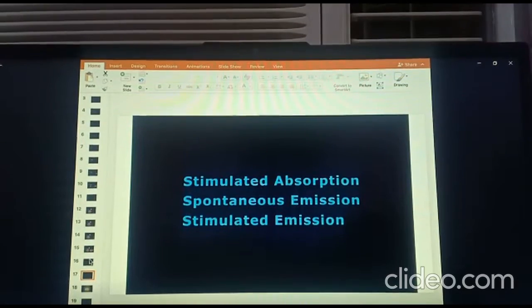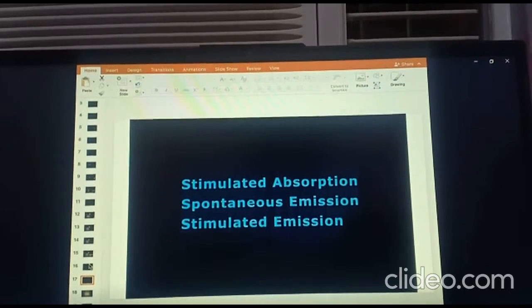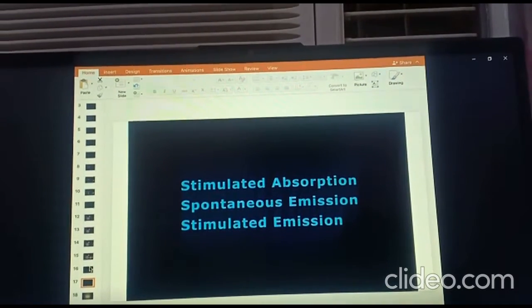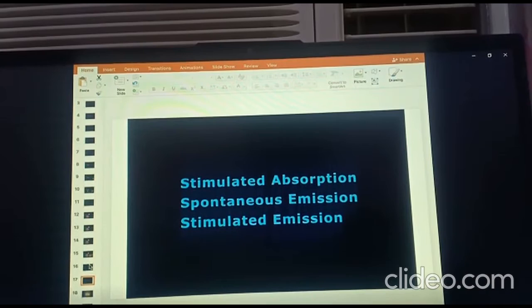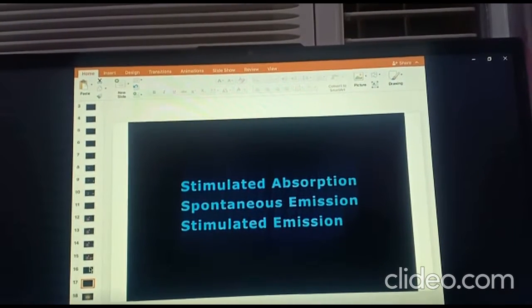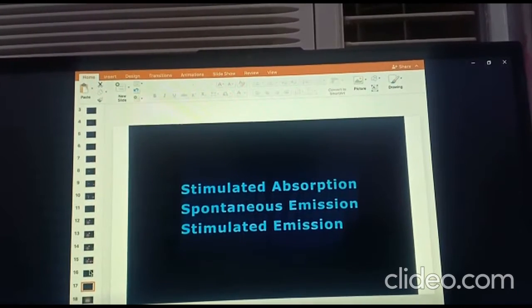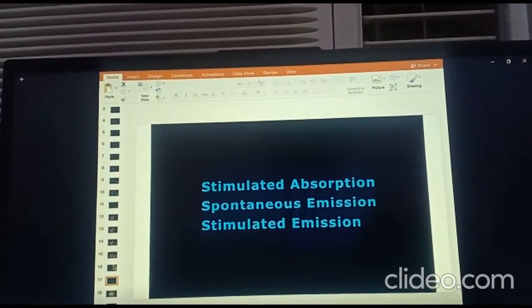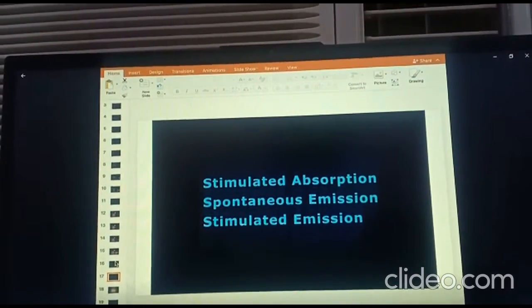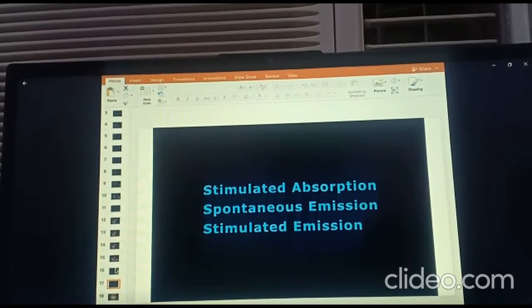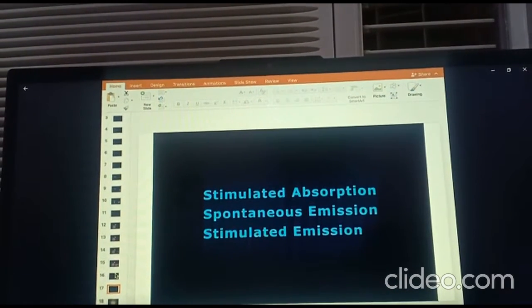Okay, so guys, we will talk here in brief, and later I will explain in detail. Stimulated absorption means that energy is being absorbed by the electron and it goes from its ground state to the excited state.